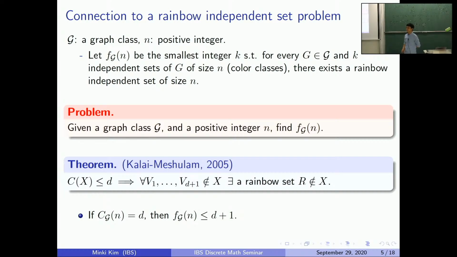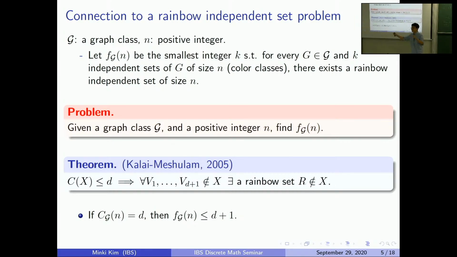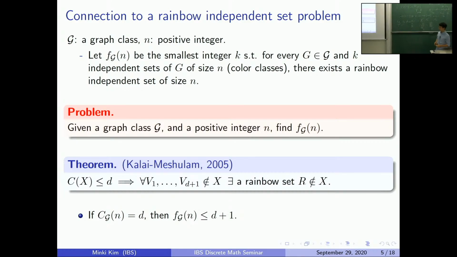No, because some elements may belong to many. So we are having a set so that we can color each vertex in distinct colors. So it doesn't need to hit all of them.